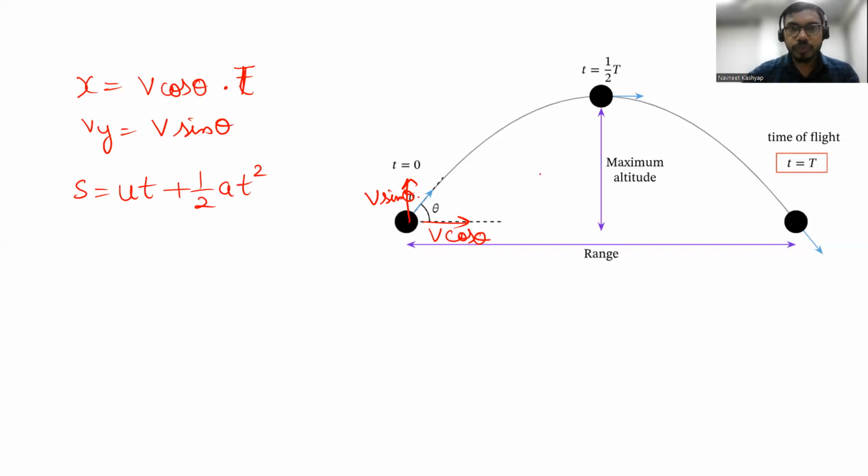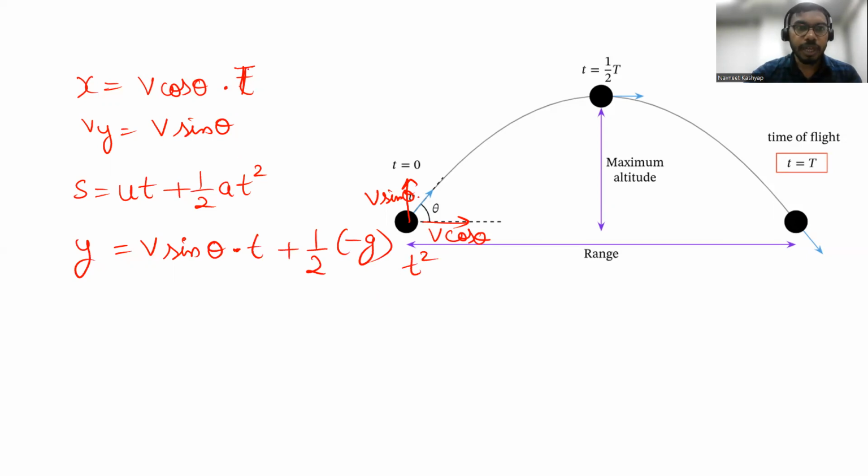We use that for the vertical motion. So for vertical motion, the distance traveled can be denoted by y equals u t plus half a t squared, where u is the initial velocity in vertical direction, which is v sine theta, multiplied by time, plus half acceleration. Now acceleration, as we see, is negative g, multiplied by time squared.